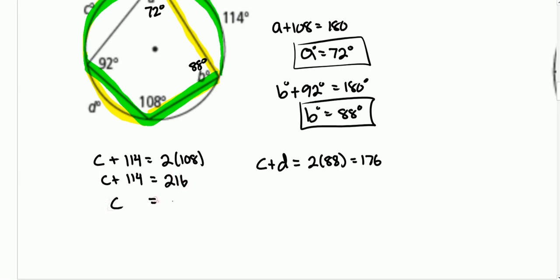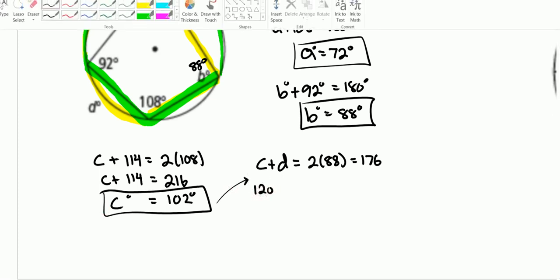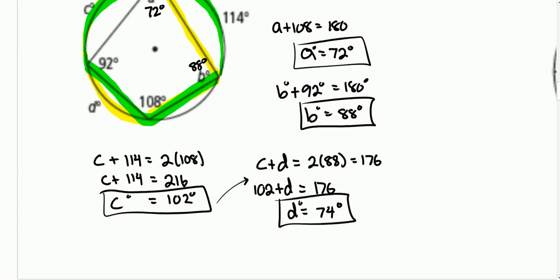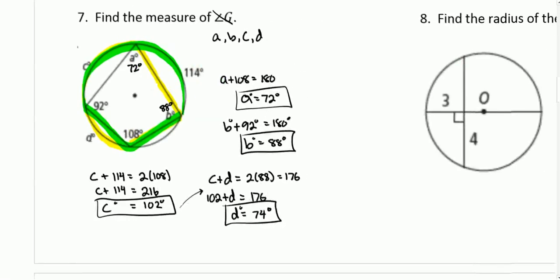Subtract 114. You end up with 102 for C. Plug that into the next equation. 102, plus D is equal to 176. Subtract 102 and you get 74. And now we found A, B, C, and D on number 7.